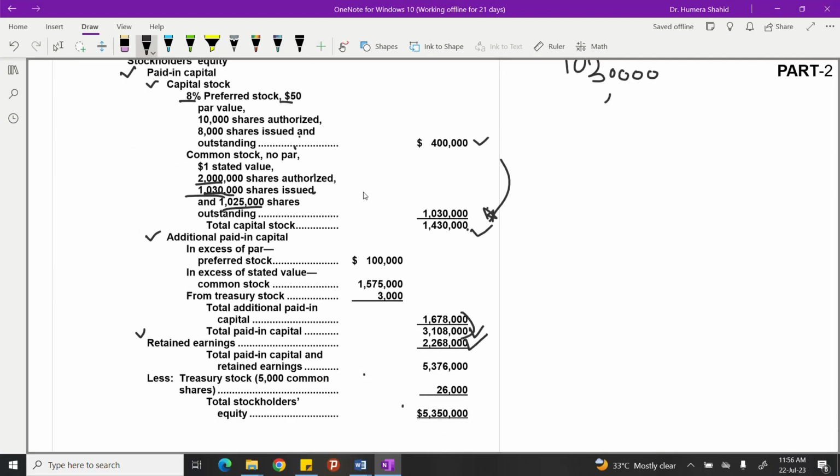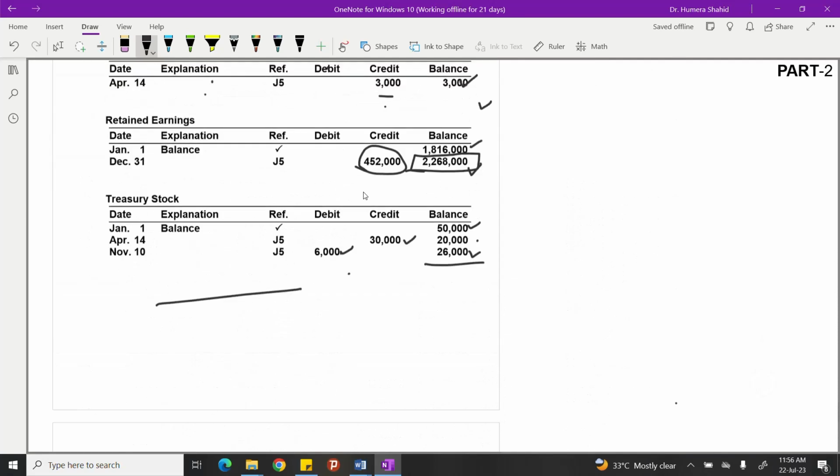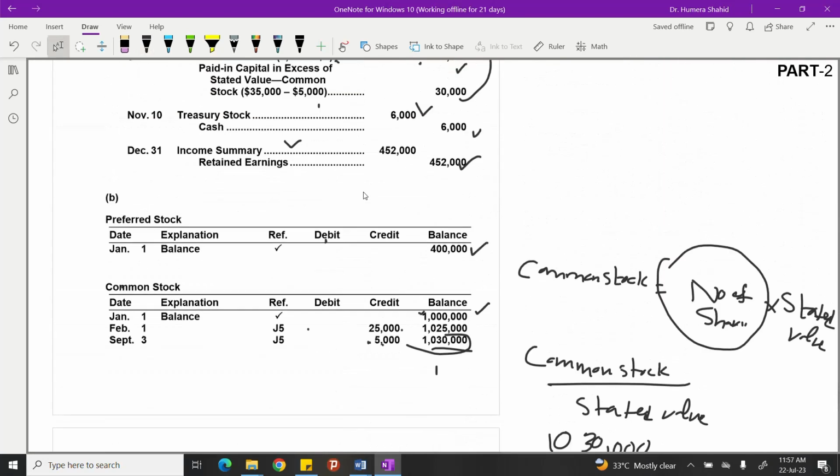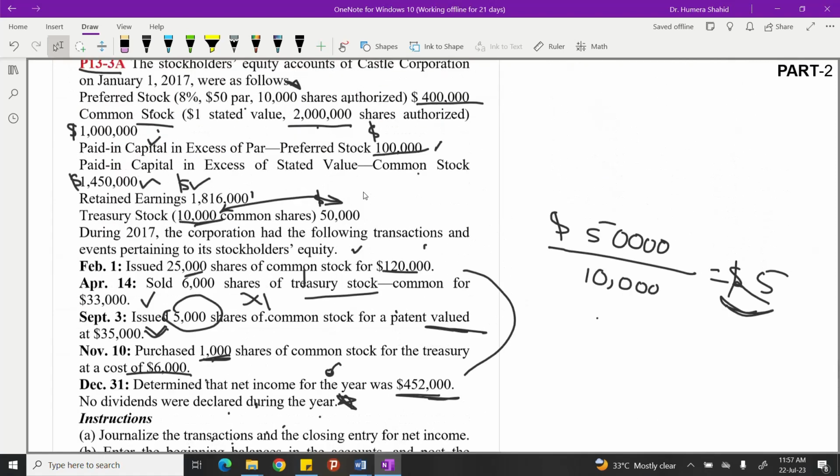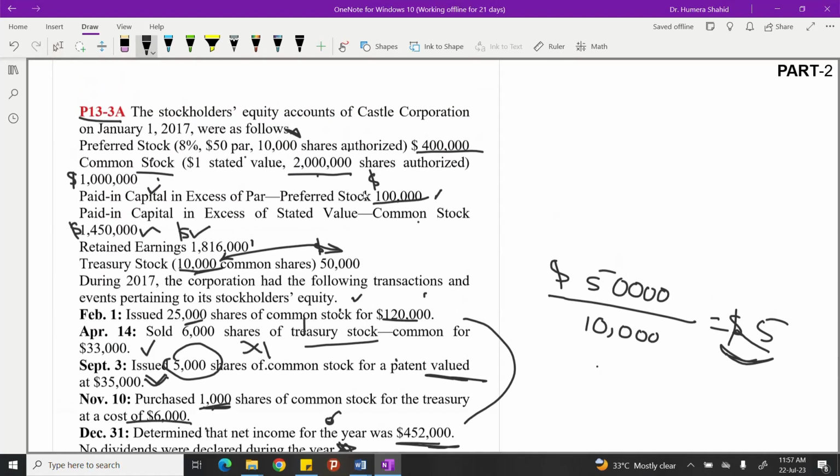When you add these two, that becomes your total paid in capital and retained earnings, and then deduct the treasury stock. Again, let's check how this 5,000 came, though I explained here, but for the second count, we will do it again. Check all the transactions relevant to the treasury stock. Okay, we have opening balance of treasury stock.